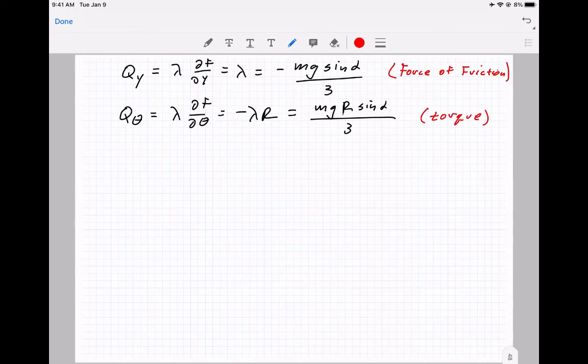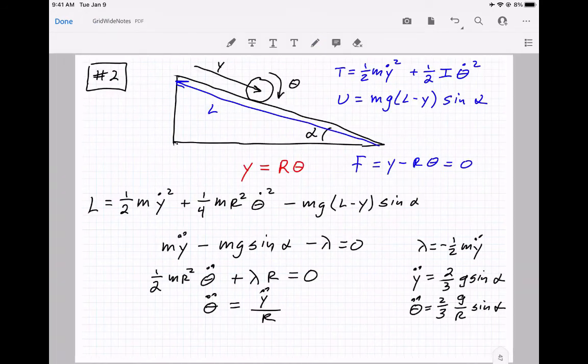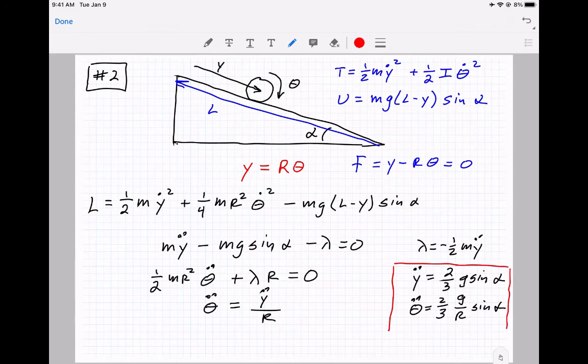So in the process of doing the Lagrange equations with equations of constraint, not only did we get the standard solution, in fact, I'll show it here. This was the standard solution that we would have gotten with just intro physics ideas. But in intro physics, we had to do free body diagrams. We had to explicitly draw the force of friction because that was causing the torque, and that was a fairly complicated problem.